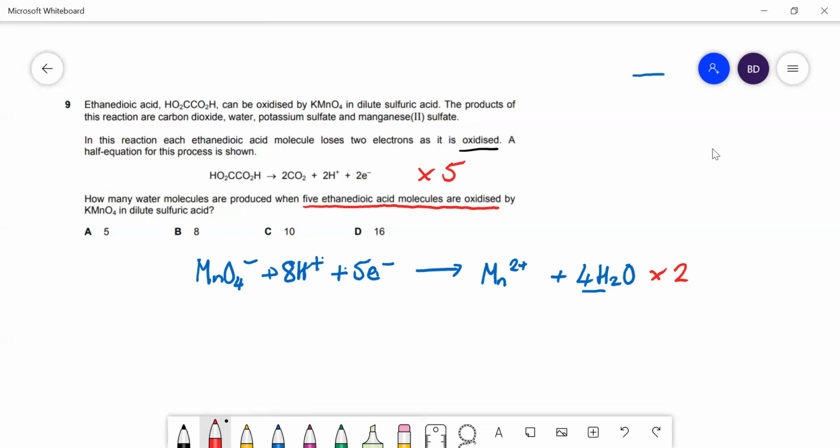Well, let's see the ratio of ethane dioate to the manganate. That is 5 to 2. So if we are oxidizing 5 moles of ethane dioate, that means we must have reduced 2 moles of manganate.